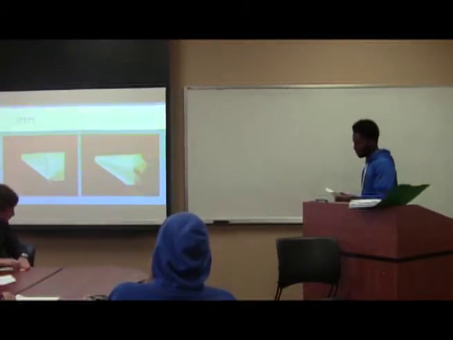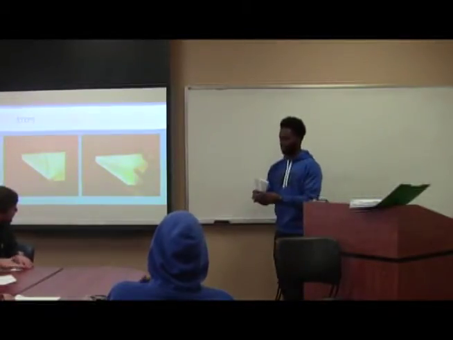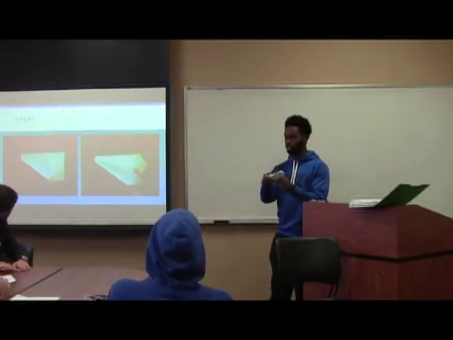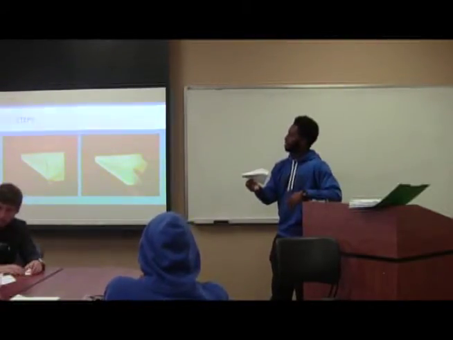And after you fold that over, instead of folding it inside like most paper airplanes, you fold it to where everything is outside, so you see all the folds that you've made.